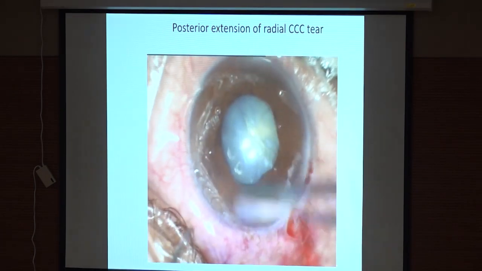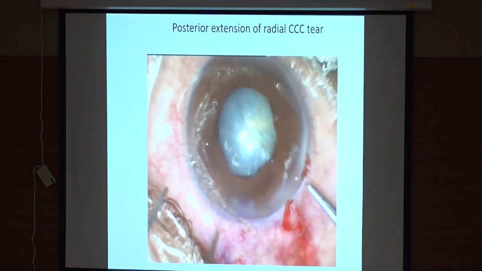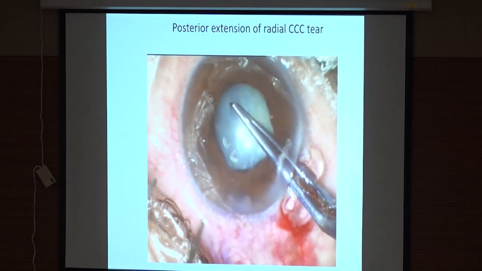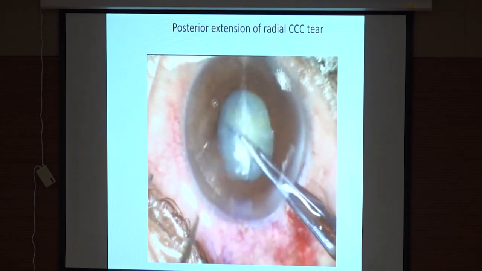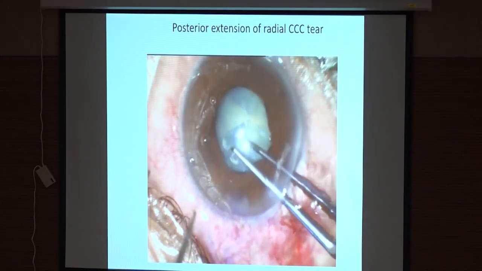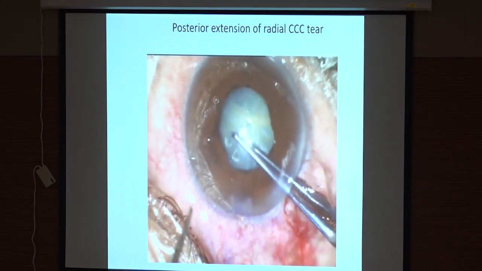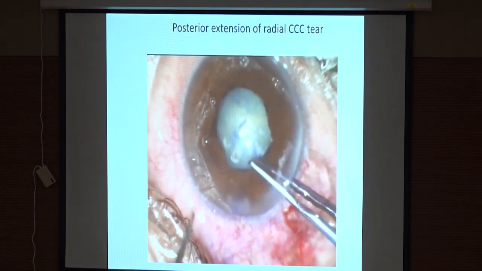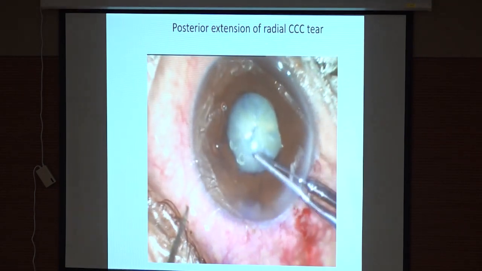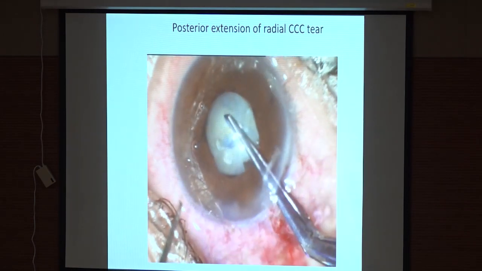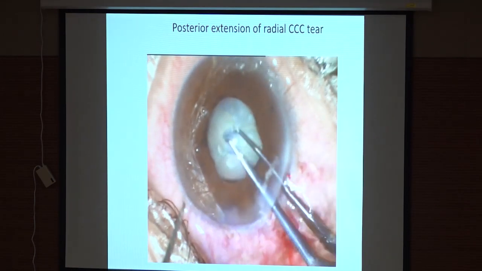If the radial extension is subincisional, usually that's more forgiving. But if the radial extension is here, where your active movements are going to be, which is in front of the phaco tip, then the risk is higher that it will extend onto the posterior capsule. So while I was doing this, somewhere here is where it went radial.